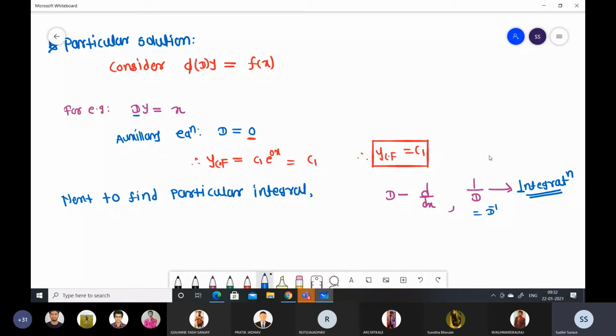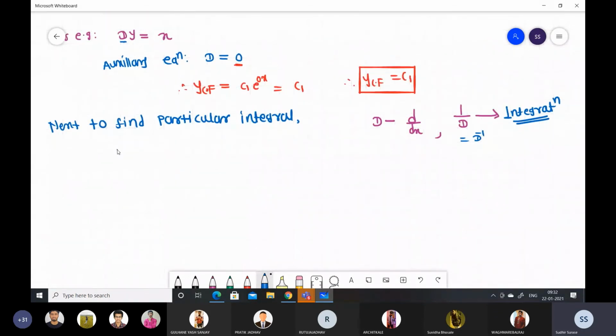So that is integration. So here we have dy/dx = x as the given differential equation. And so we can see here y can be written as 1 upon D operating on this x. So that is, as I told you, integration. So integration of x dx is simply x square by 2.